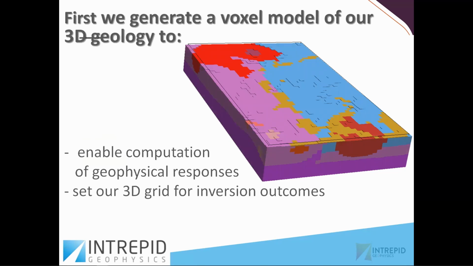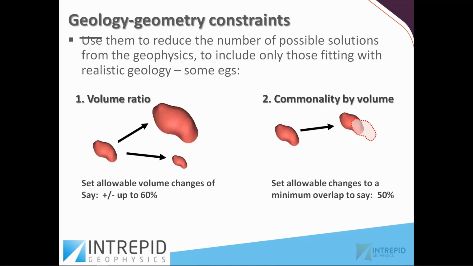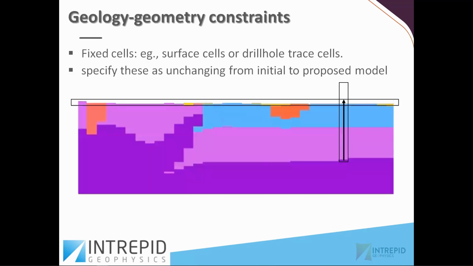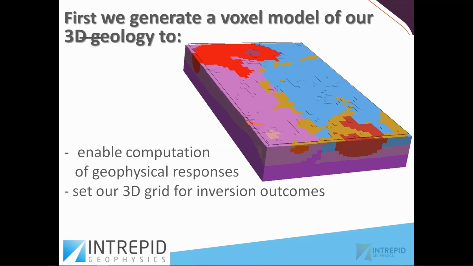In order to perform the inversion, the first stage is to discretize the starting model into smaller cell sizes.